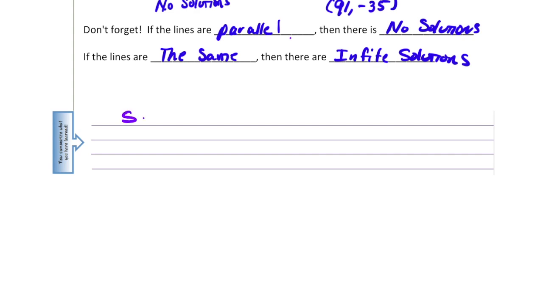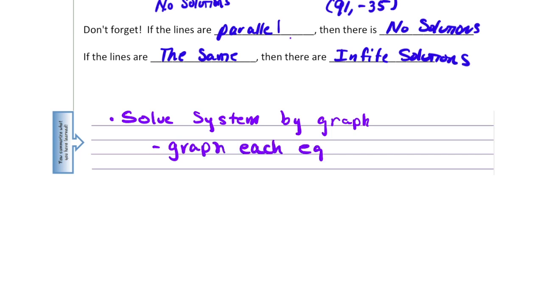That's kind of our main thing here. And the key things were graph each line or each equation, because this is extendable to other types of systems. They don't have to just be linear. Graph each equation, find the point of intersection, where they share those solutions.